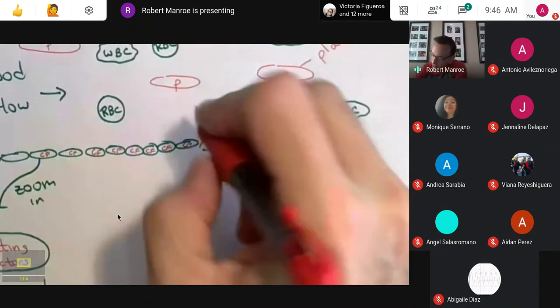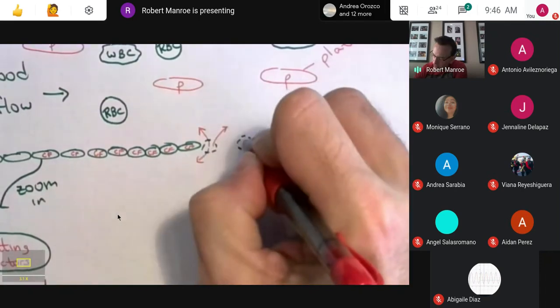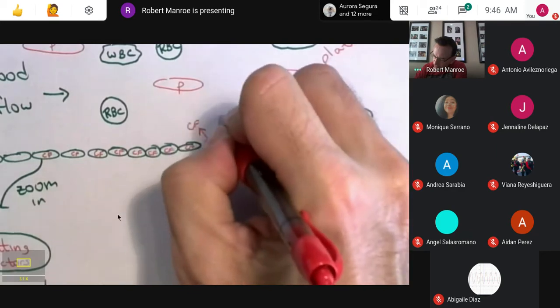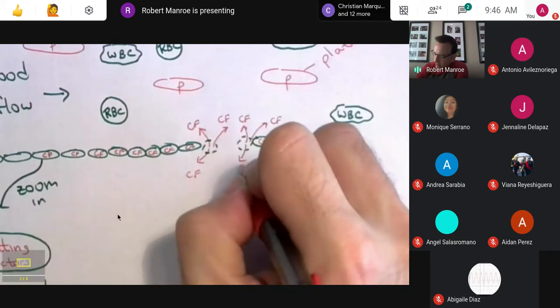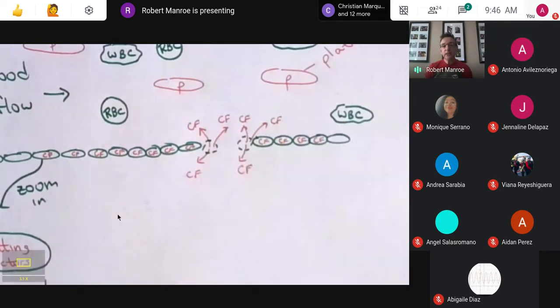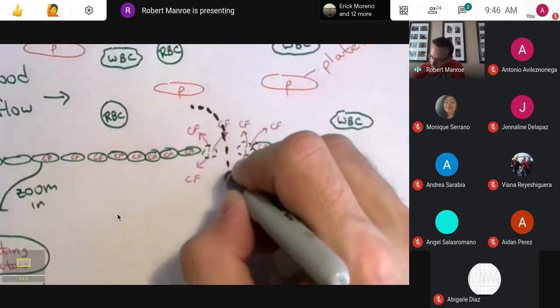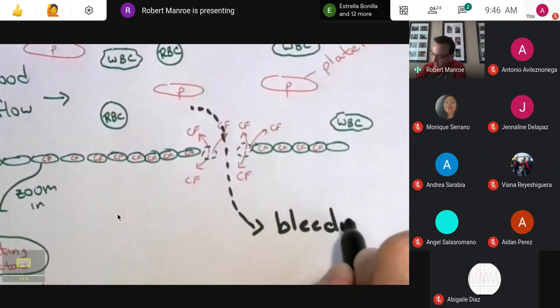When they rupture, they release the proteins that are in their cytoplasm, the clotting factors. Once the blood vessel ruptures, blood will then leak out. When blood leaks out, we refer to that as bleeding.